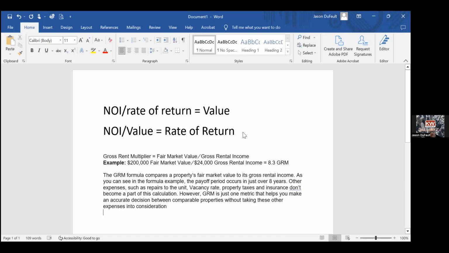So when you're looking at values, everyone on the call, just go out there and play with some numbers. Take a net operating income of 30,000 and divide it by 3%, 4%. You see what you get. When you're looking at the value, you have to look in the area in which that place is for sale or going to be for sale to see if that kind of rate of return is happening there.